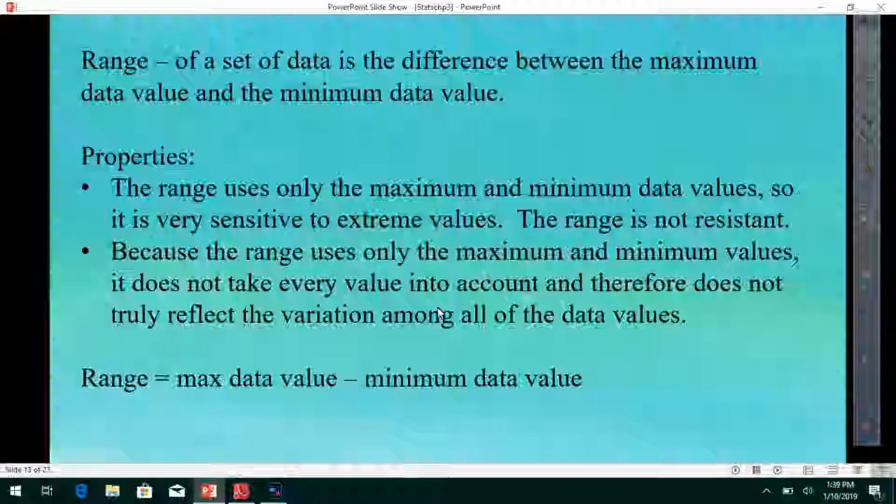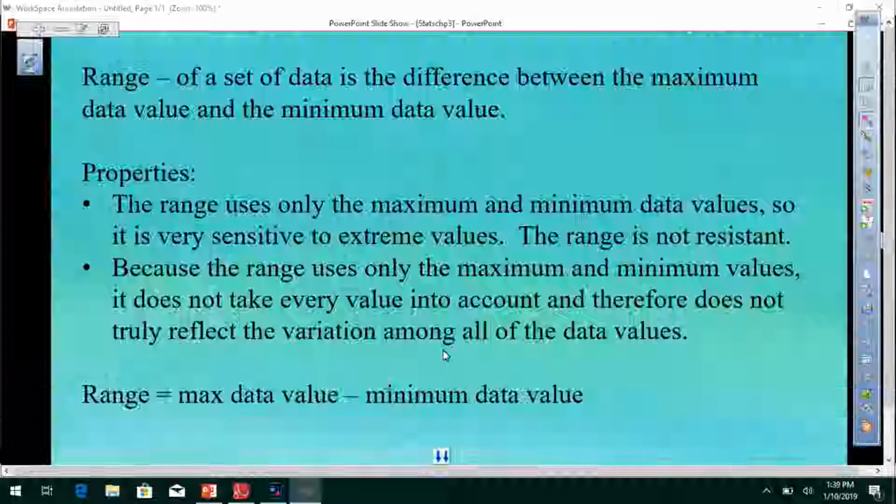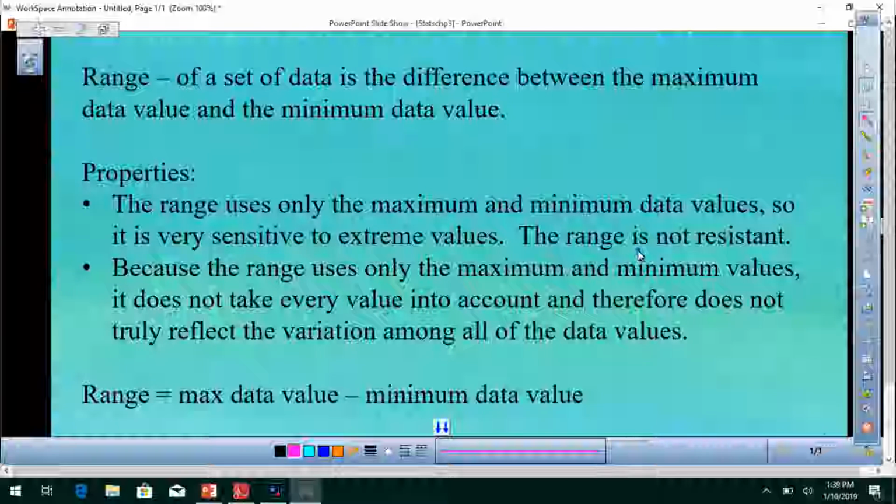Properties. The range uses only the maximum and minimum data values, so it is very sensitive to extreme values. The range is not resistant. Make sure you underline that, not resistant.